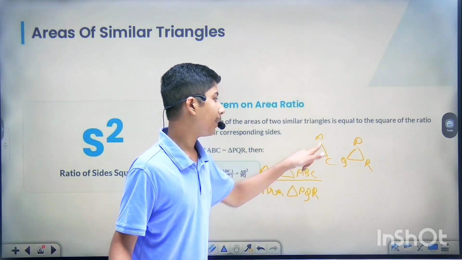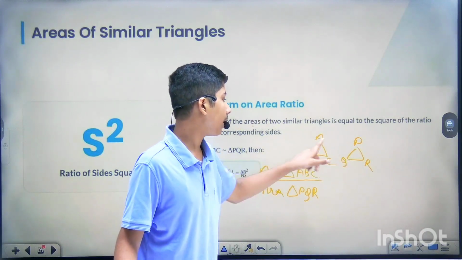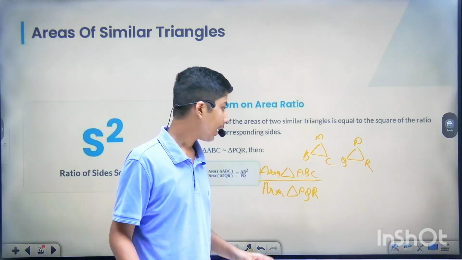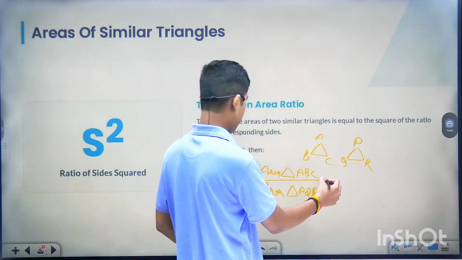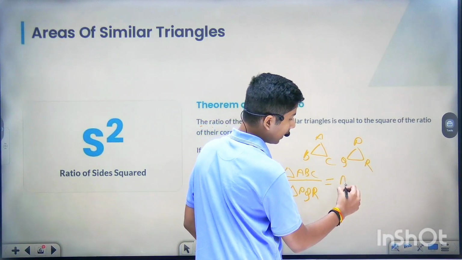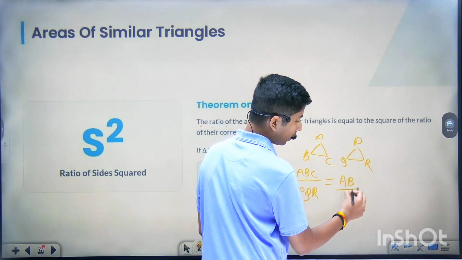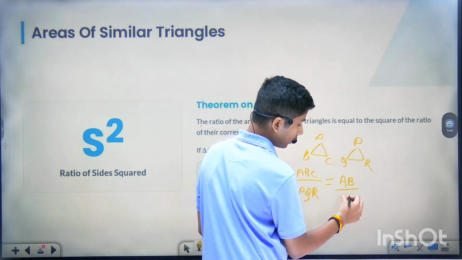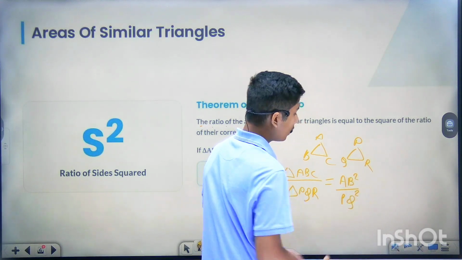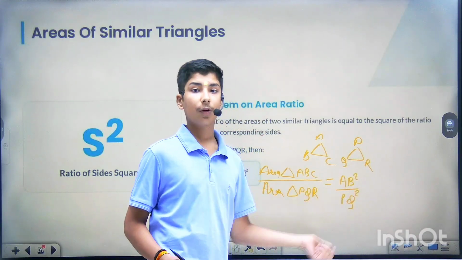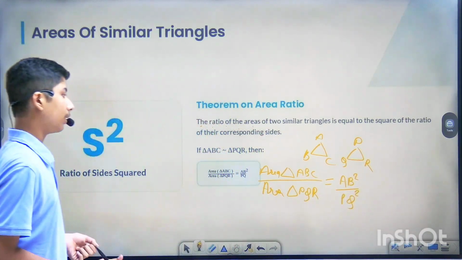If I say AB upon PQ, BC upon QR, or AC upon PR, any one, I'll say AB upon PQ, squared. The ratio of the squares of the sides will be equal.